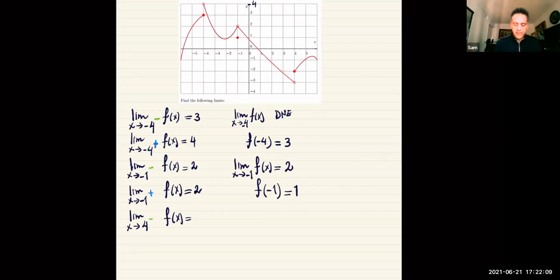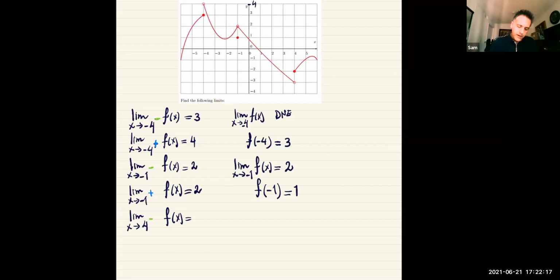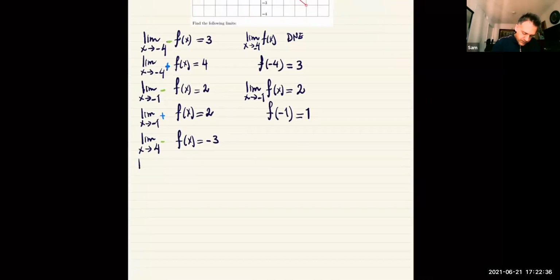So what does y get close to, Saad? -3. -3, excellent, right there. You are going down, imagine you're taking escalators down, you're going to the 3 floors below. Okay, so that is a -3. Limit as x goes to 4 from the right for f of x.